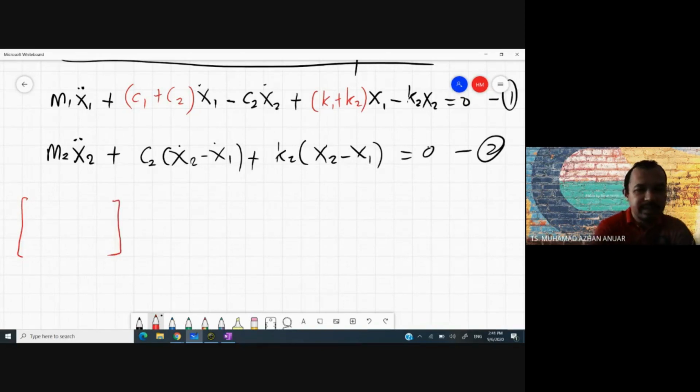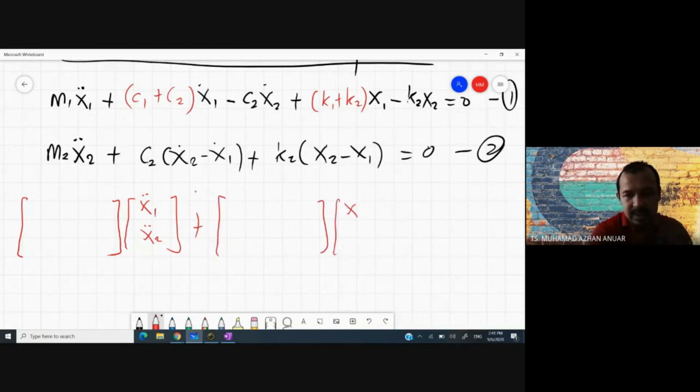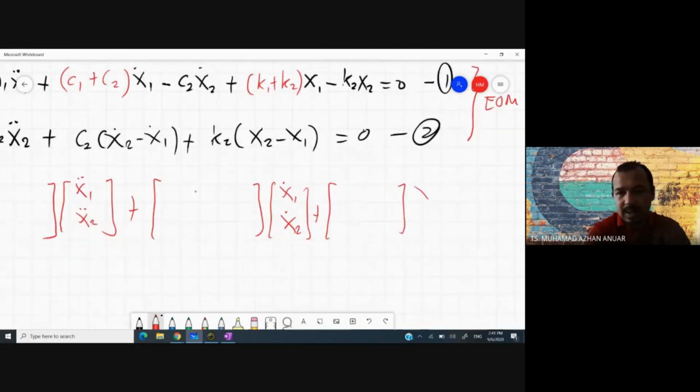The first matrix basically represents X double dot 1, X double dot 2. The second matrix represents X dot 1, X dot 2. And the third matrix represents X1, X2.